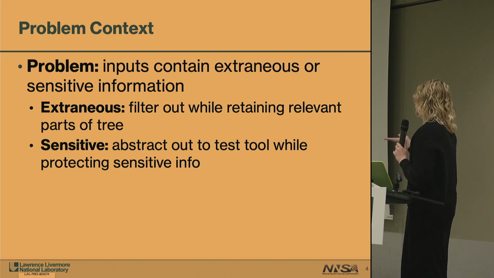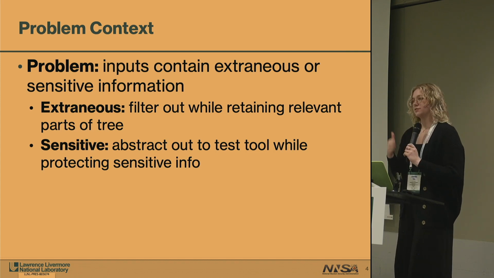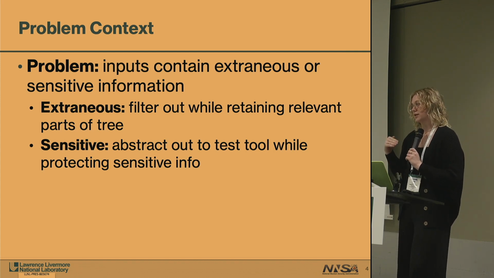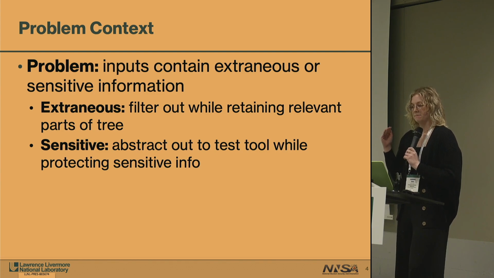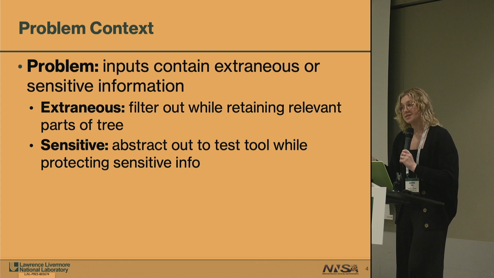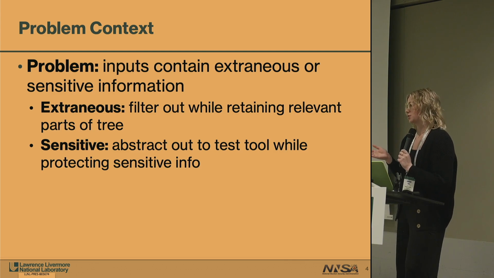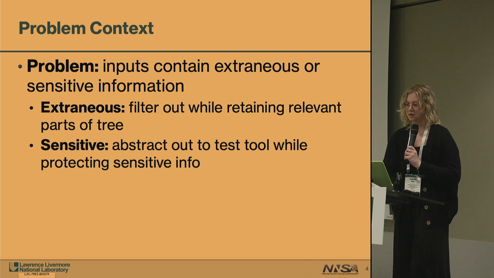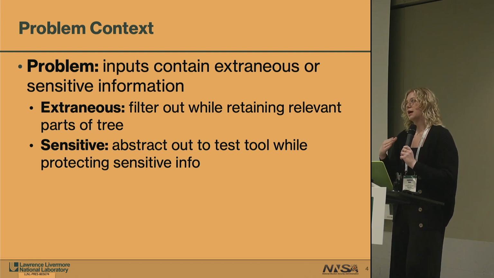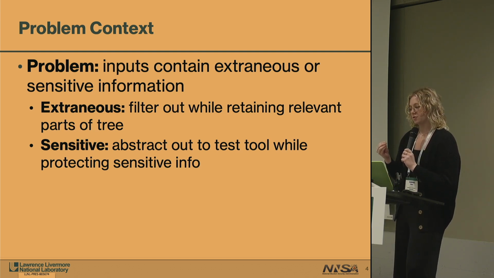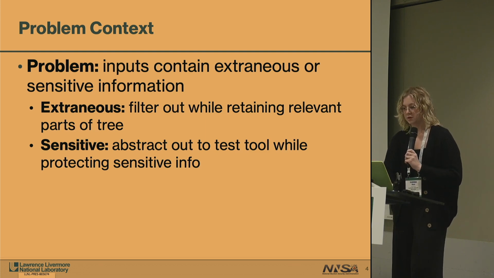At Lawrence Livermore, we also have security concerns, so different members of a team may have different levels of access to, essentially, clearances about the data. And so you need to make sure that all members of the team can view the information about the input that you're processing. So this is a different instance in which you need to ensure that the tool can handle this sensitive information in the program, but you need to find a way to abstract that out.